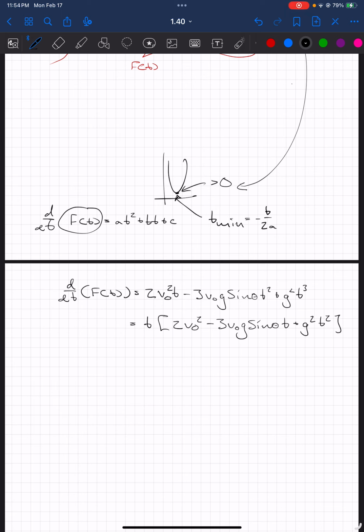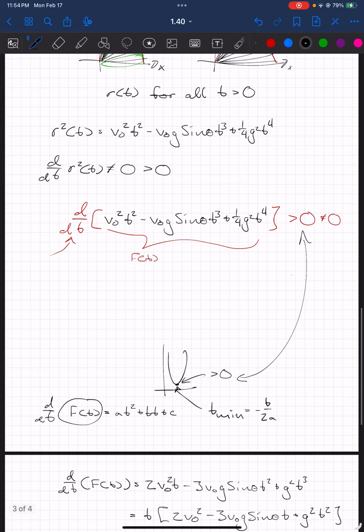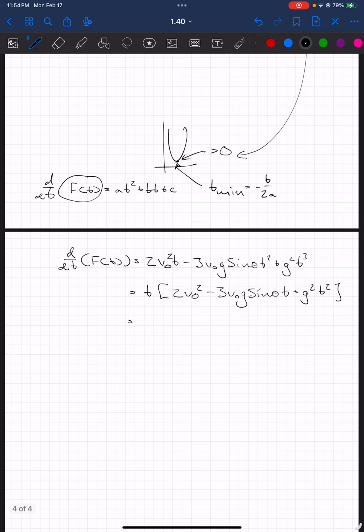And if we also pull out 2, we can make sure that we're matching our former equation. Because when we're taking the derivative of f of t, our f of t is actually r squared of t. So when we take the derivative of r squared of t, we end up with 2 r of t here. If we pull out the t, we can cancel out the t, and if we pull out the 2, we can cancel out the 2 on both sides.